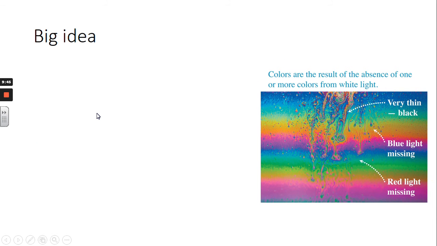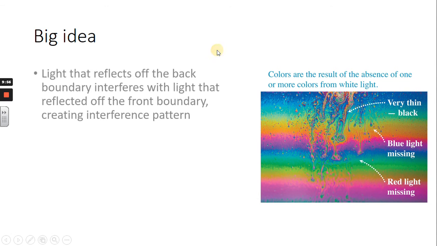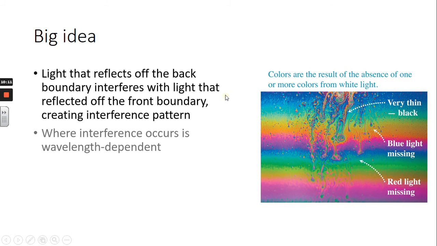And so the big idea, which I don't want us to lose in all of the math, is that we get these really pretty rainbow colors for a very complicated reason. Light that reflects off of the back boundary will interfere with light that reflected off of the front boundary. And this creates an interference pattern not that different than the Young's double slit interference pattern that we saw.